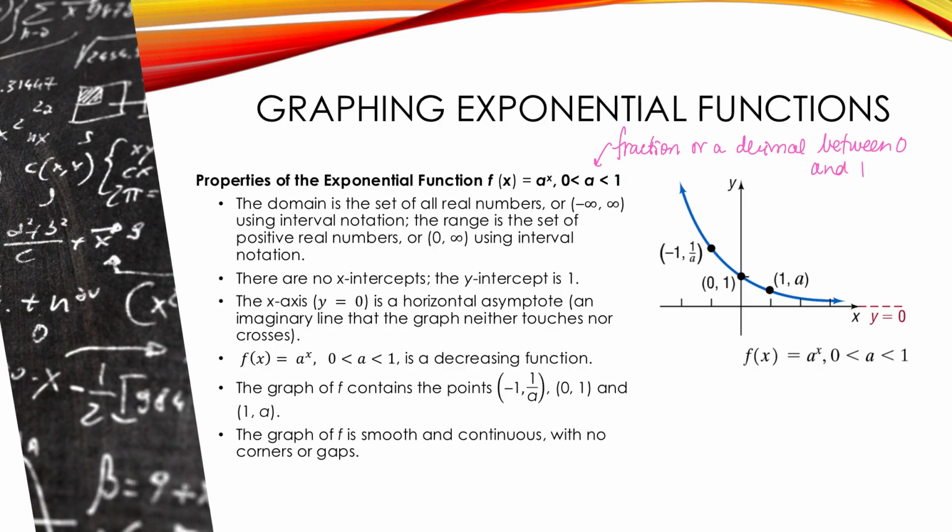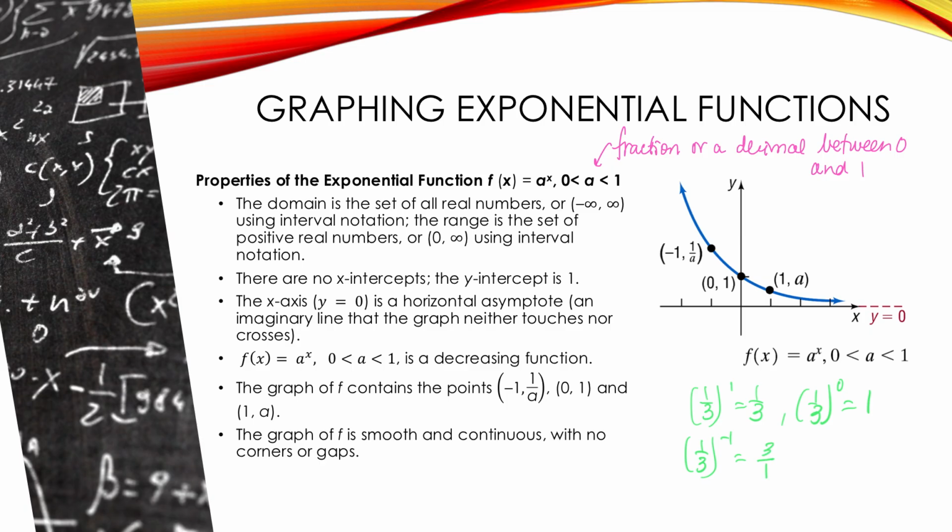When a is a fraction, let's say our fraction is 1/3. 1/3 raised to the 1 is still 1/3. 1/3 to the 0 is still 1. But what about 1/3 to the negative 1? Well, negative 1 says flip anything from the denominator to the numerator, anything in the numerator to the denominator, and make it all to the first power.